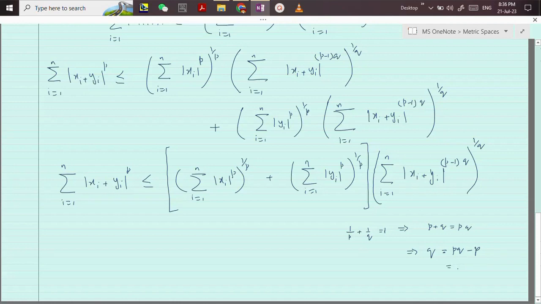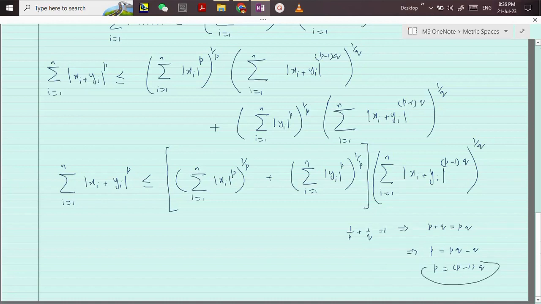Sorry, you shift q on the right hand side: p equals pq minus q. Then, with q taken out, p equals p minus 1 into q. So this quantity equals p.